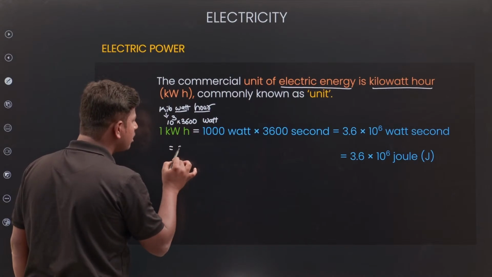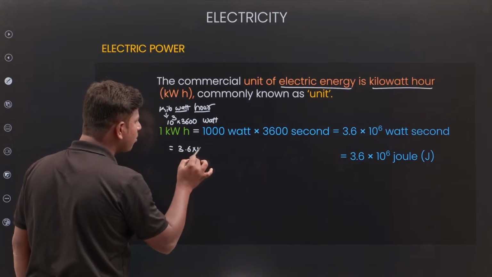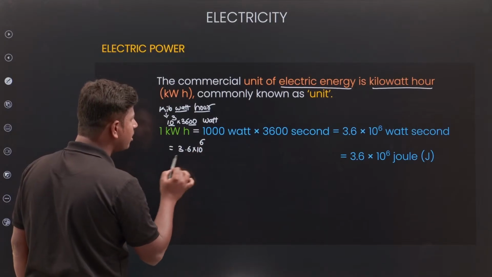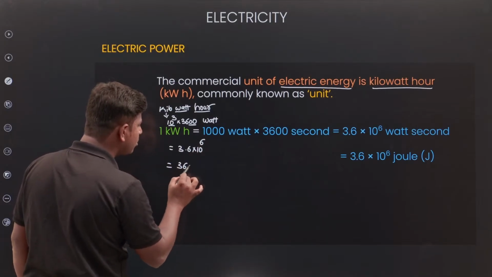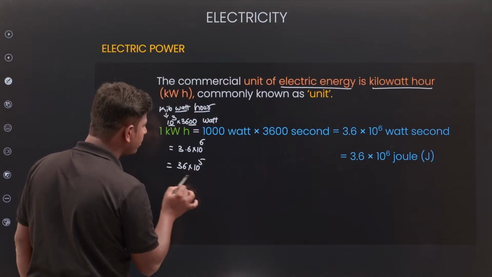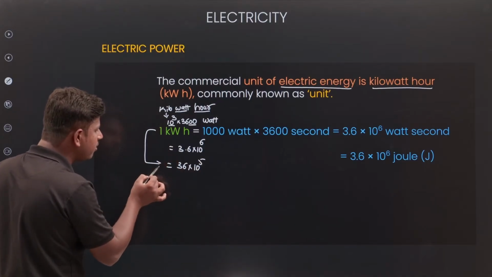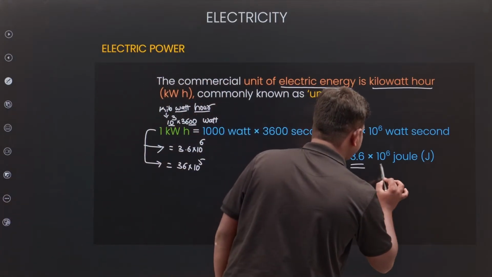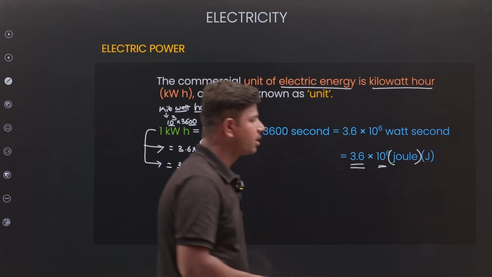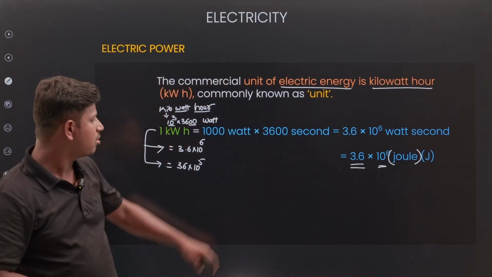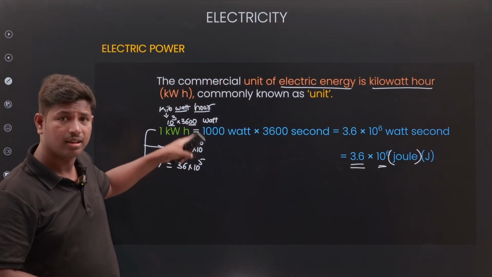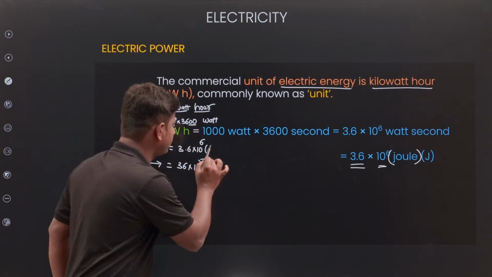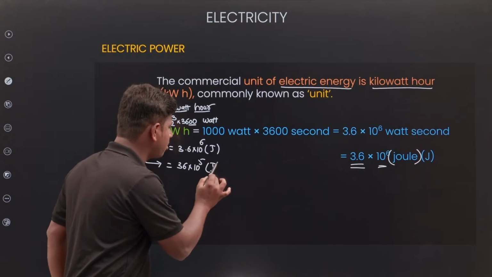That means 3.6 into 10 to the power of 3, times 10 to the power of 3, gives 3.6 into 10 to the power of 6, or 36 into 10 to the power of 5. So 1 kWh value is this much: 3.6 into 10 to the power of 6 joules, or 36 into 10 to the power of 5 joules.